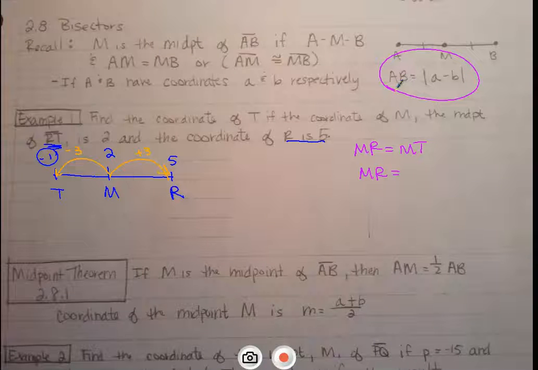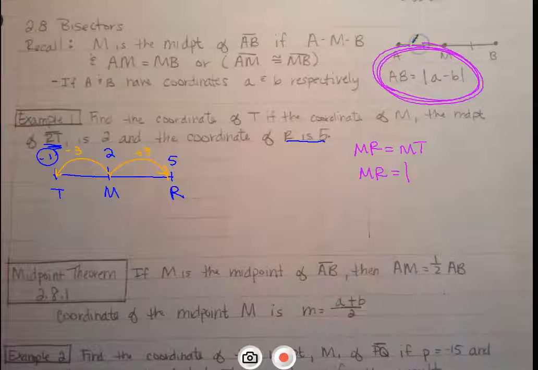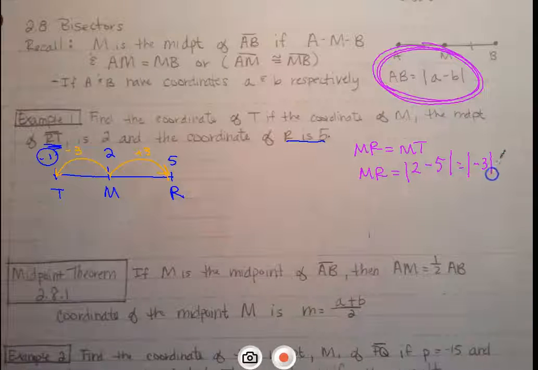MR is equal to what? Would it be 3? Okay, but we want to practice using this formula, the absolute value of a minus b. So M is 2 minus 5 equals the absolute value of -3. So MR equals 3. Okay, because we're practicing.